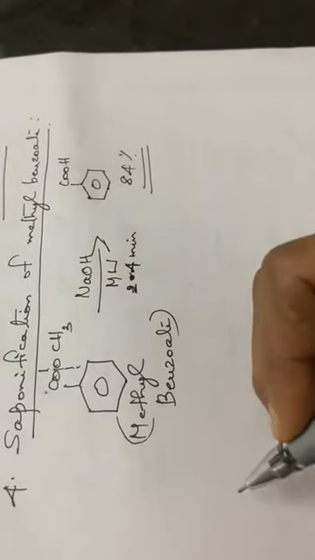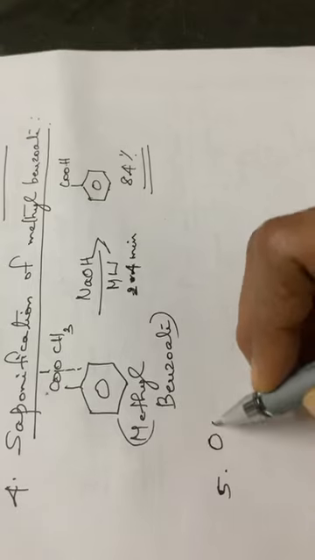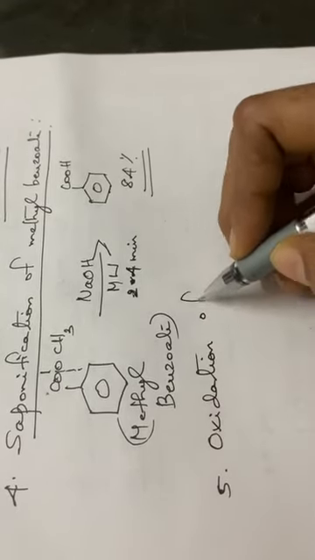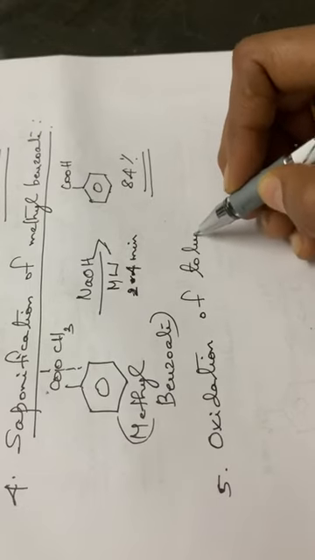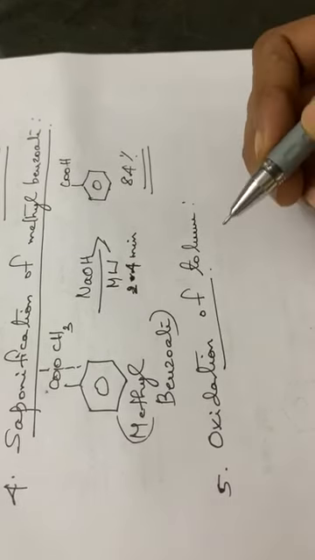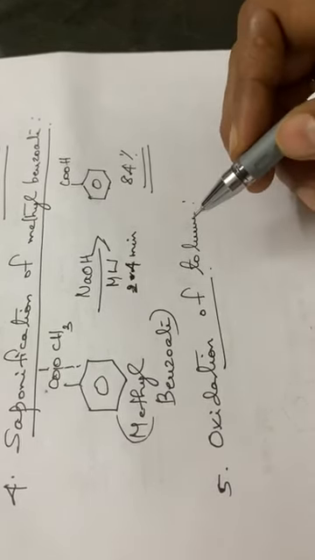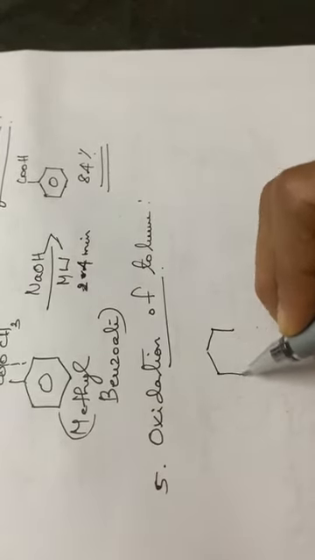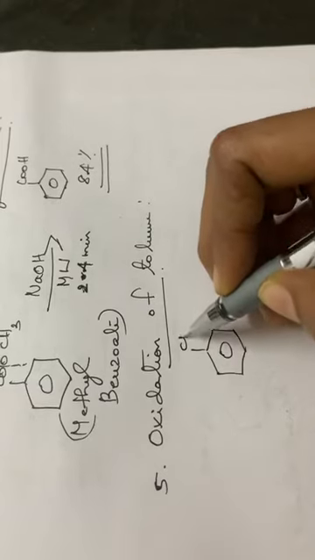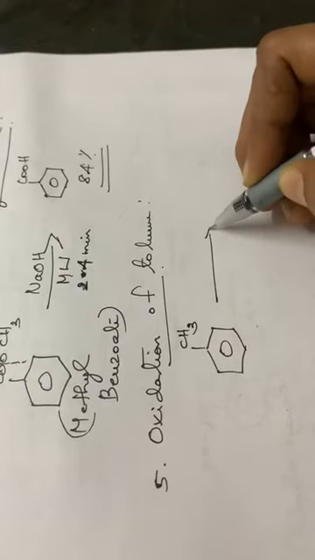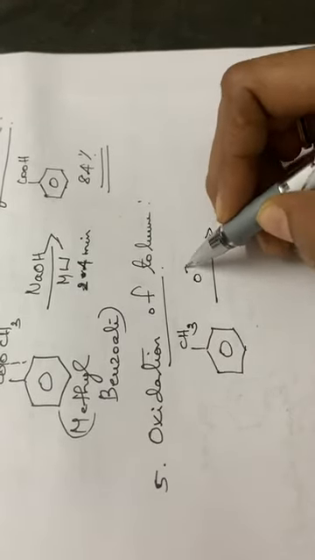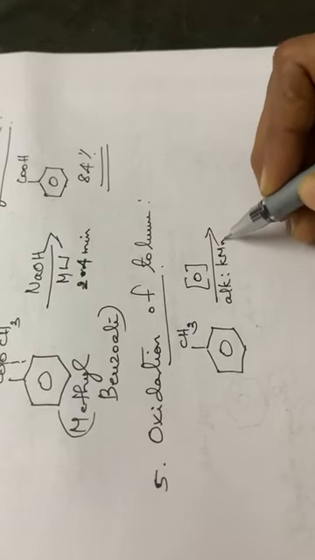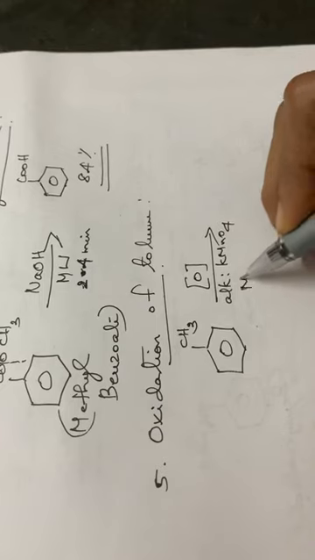Then the next reaction, that is the oxidation of toluene. This oxidation of toluene is carried out in the presence of alkaline KMnO4. C6H5CH3, oxidation using alkaline KMnO4, microwave assisted.